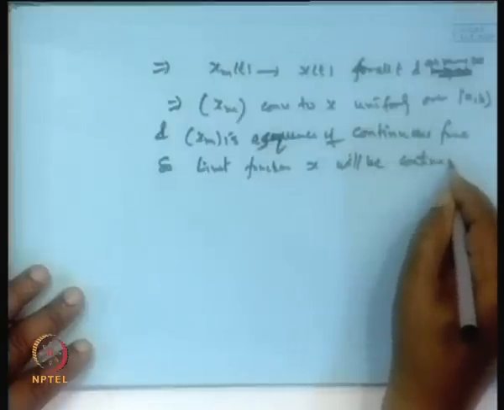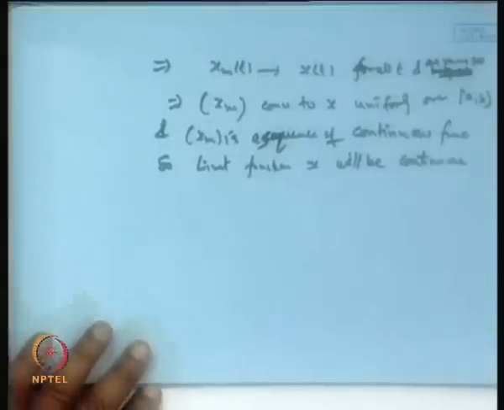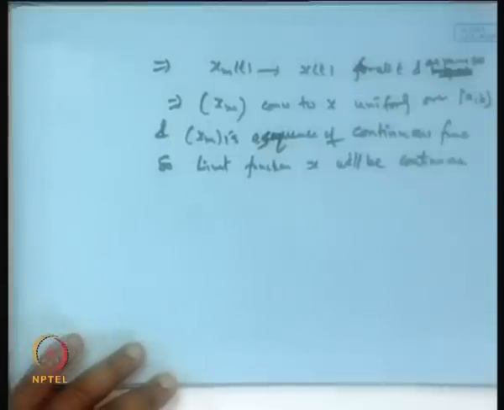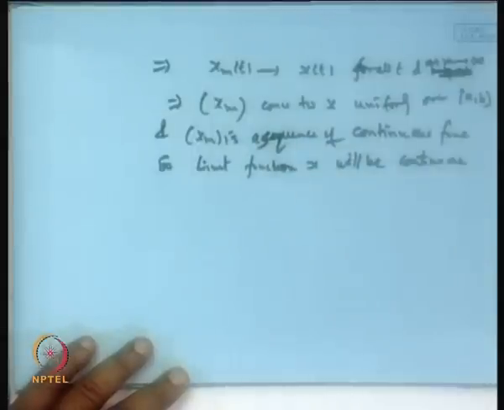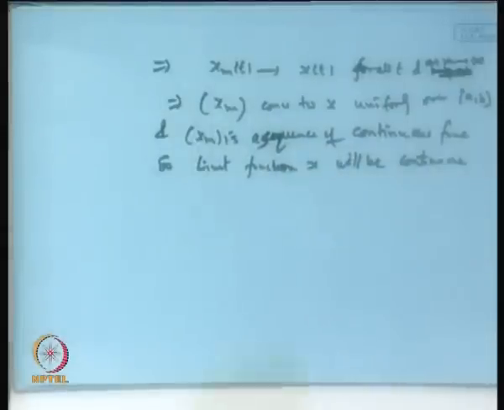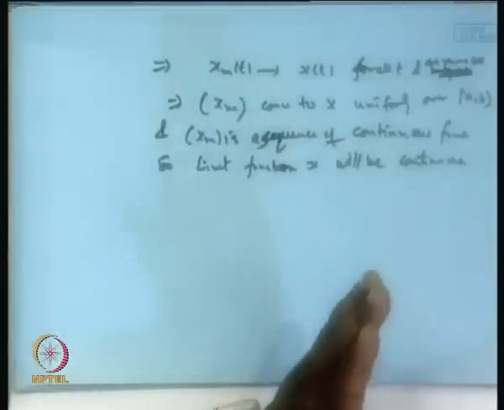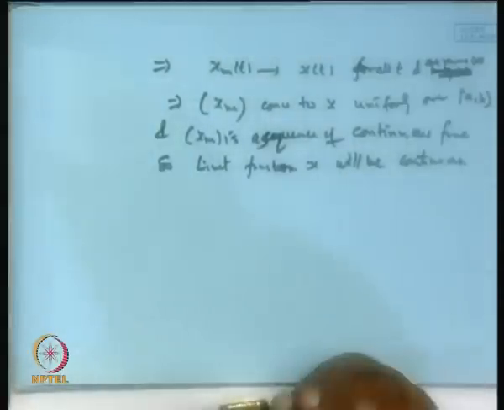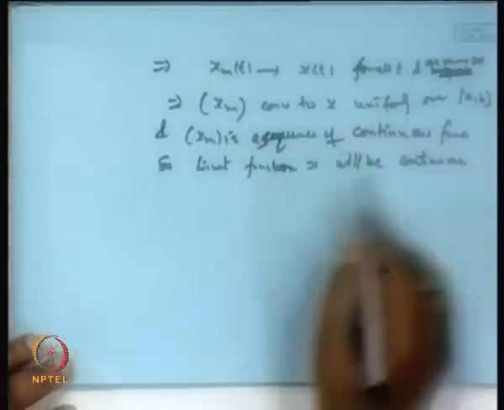That result is standard in real analysis. If you want, I can give the proof, otherwise it is available in the book. So, this implies x is a continuous function.